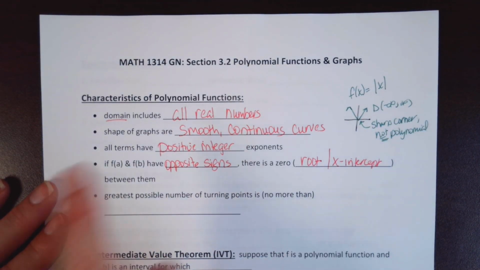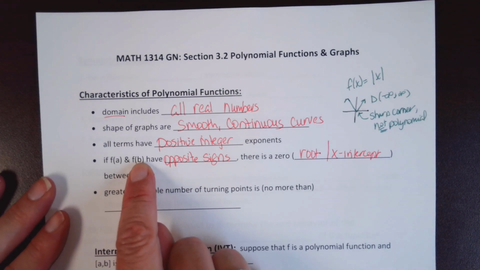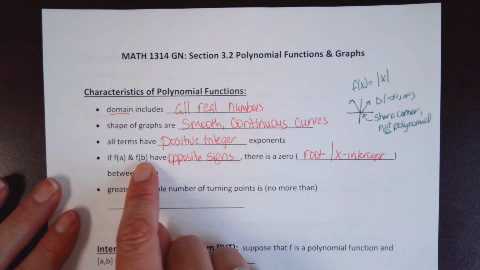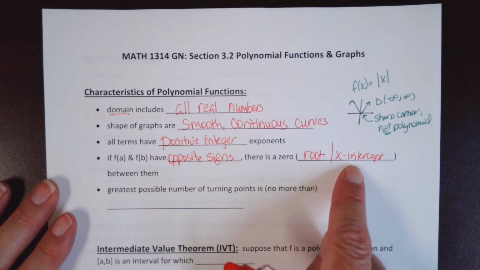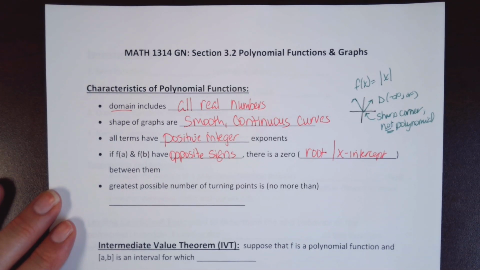Which makes sense, right? If I plug in some number and I get out a positive value, and I plug in another number and I get out a negative value, I had to have crossed the x-axis, which means that there is an intercept, a root, a zero, between those two x values.